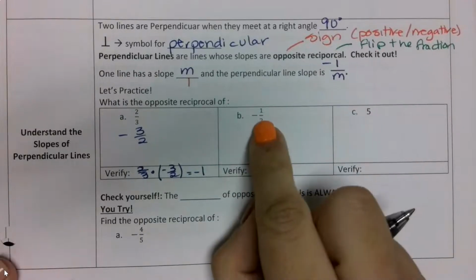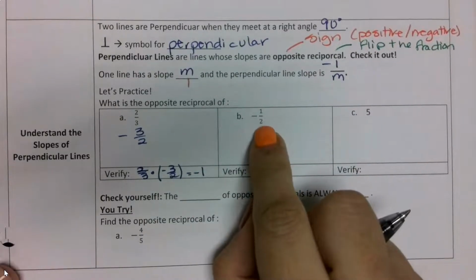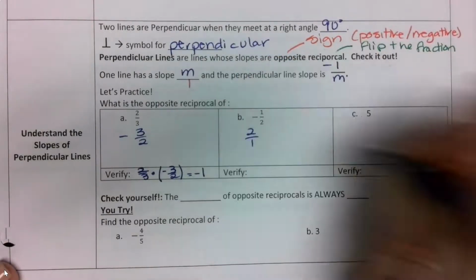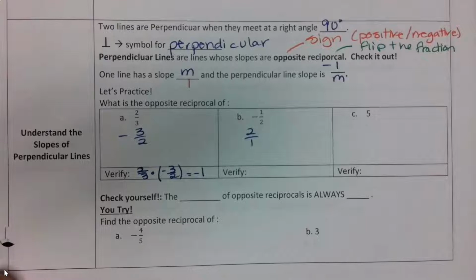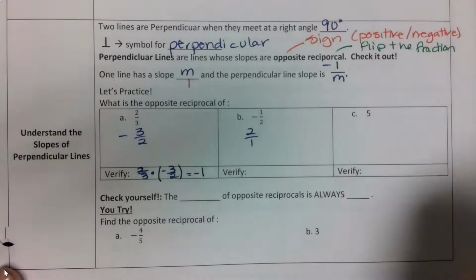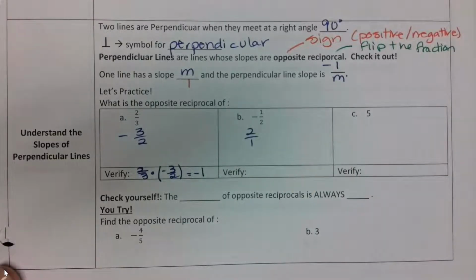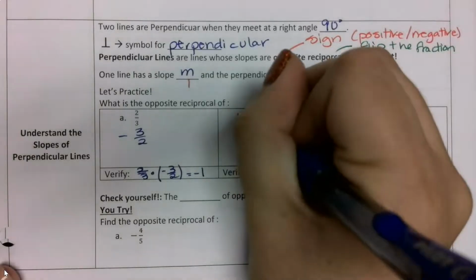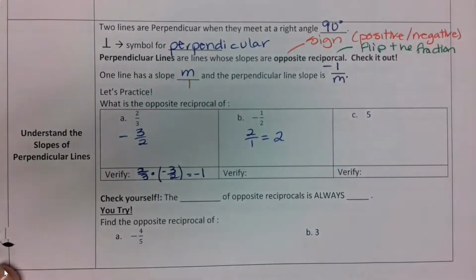Then this one, I want to do what first? 2 over 1. And what sign should I have? Positive. Do I like it written as 2 over 1? Yeah, I could just write it as 2.